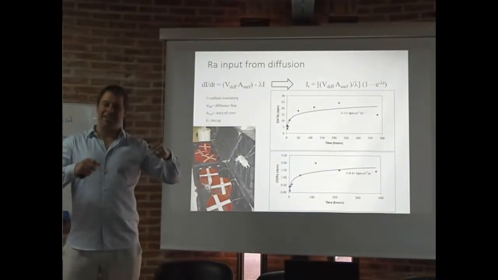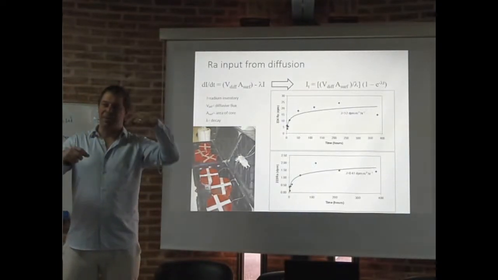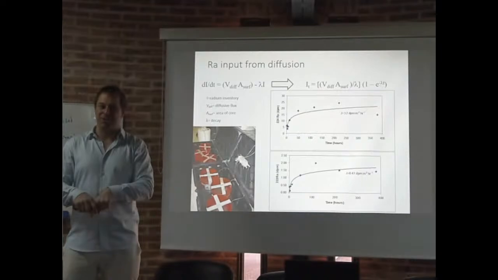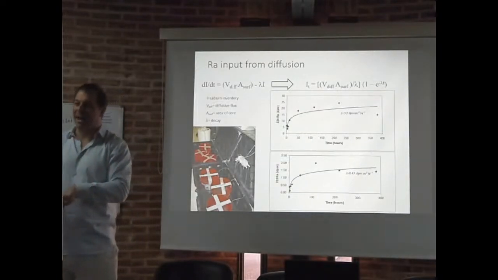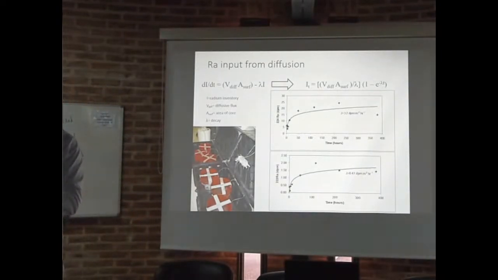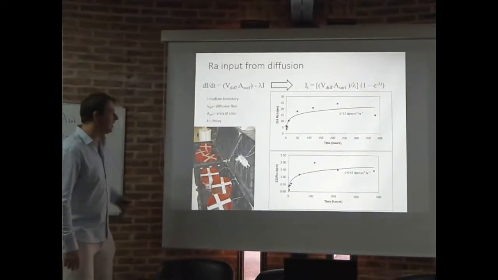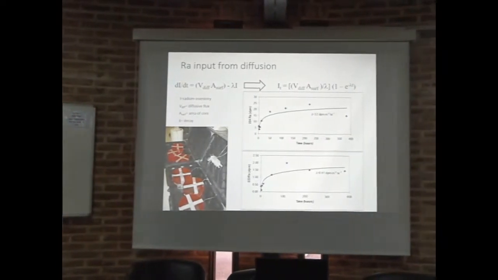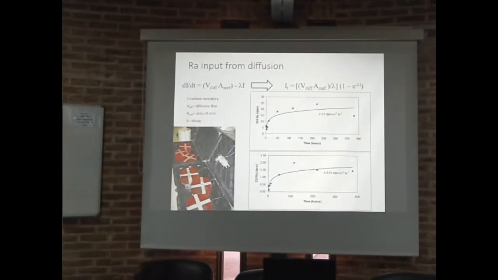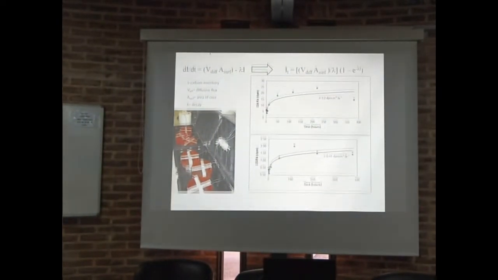You have to take distilled water and pump it through manganese oxide fibers. Because whatever radium might actually be in distilled water will be removed by the manganese oxide fibers. So this is our desorption experiment, and then, sorry, diffusion experiment. And it gives us our diffusion coefficient, or diffusive flux.